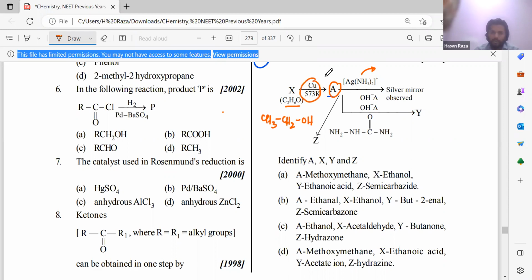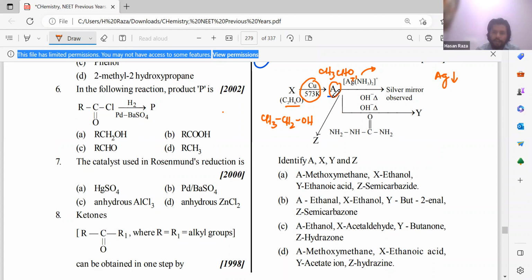Heated at this, it will be directly oxidized into aldehyde. If it is an aldehyde and you react this with Ag(NH3)2+, silver mirror is observed. That means Ag will be precipitated. Here the oxidation state of Ag is +1.